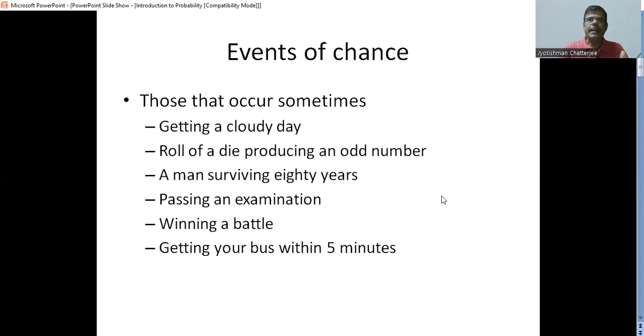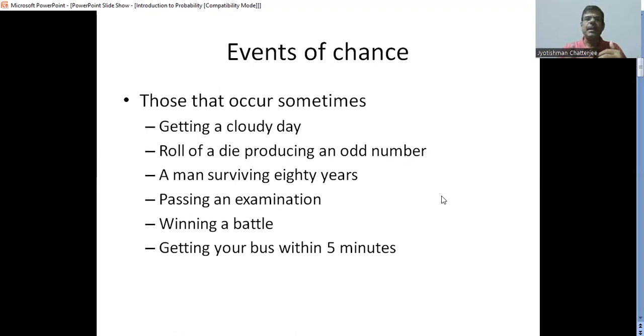We know that a die produces either 1, 2, 3, 4, 5, or 6. However, sometimes the outcome will be one of the 3 numbers, 1, 3, or 5, in which case it's odd. And some other times it will produce 2, 4, or 6, which is even. So this statement, that roll of a die producing an odd number, it's sometimes true and sometimes not.